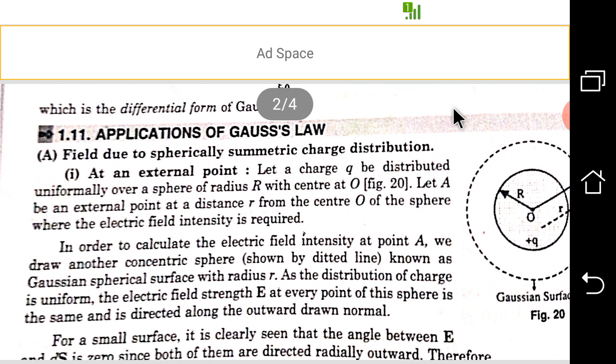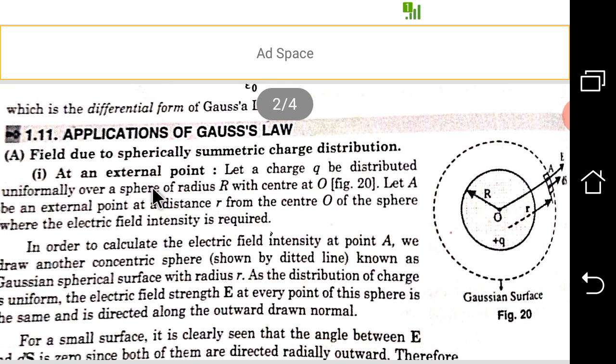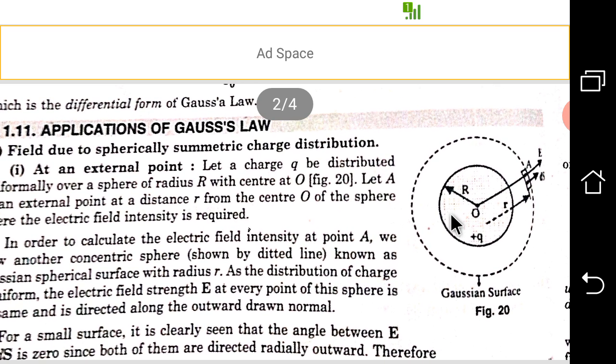Now, applications of the Gauss law. Consider the first case: field due to a spherically symmetric charge distribution, at an external point. This is the figure.